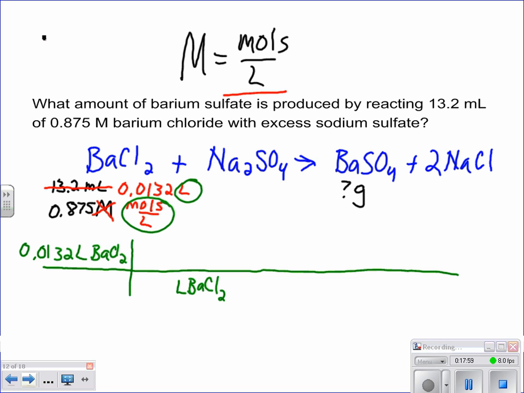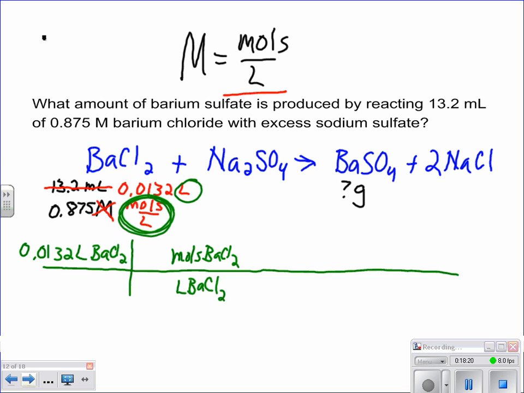What can I put up top? Moles. So the reason we started with our 1 unit is because this 2 units, we weren't sure if it was going to be moles on top, liters on the bottom, or liters on top and moles on the bottom. So by starting with your 1 unit, that's how you can figure it out.